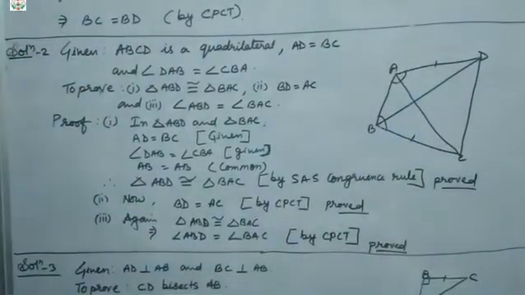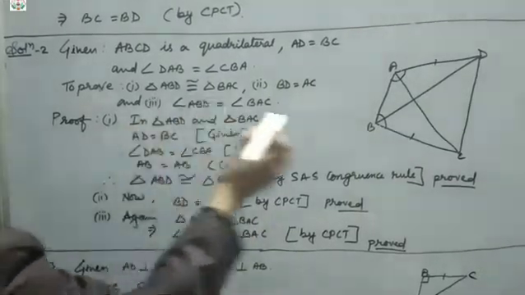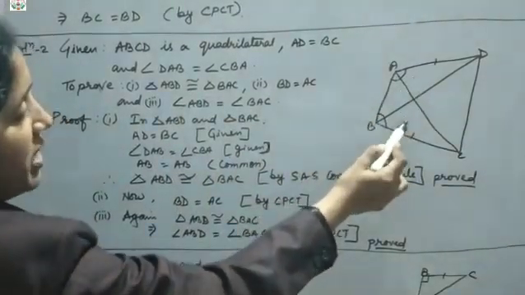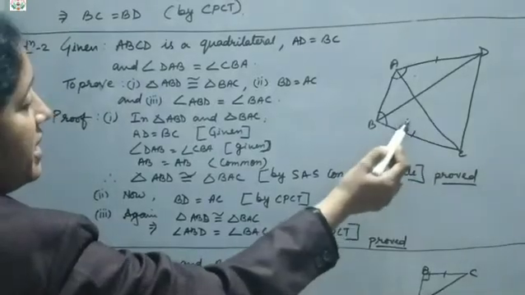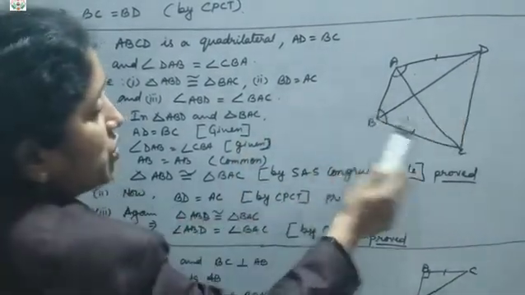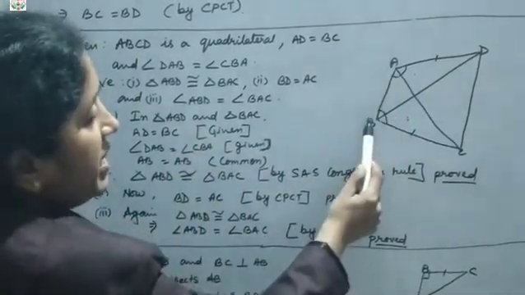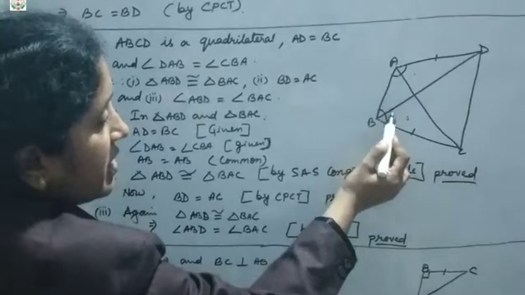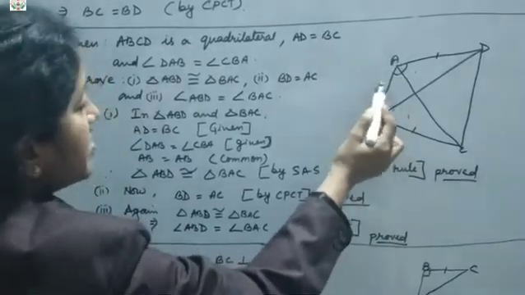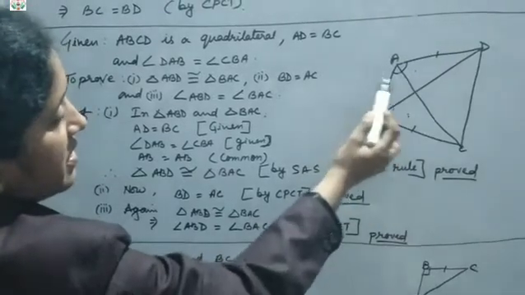So now in these two triangles, we have to prove what? Triangle ABD is congruent to triangle BAC, and BD equals AC, and then angle ABD, this angle, equals this angle. You have to prove it equals angle BAC.